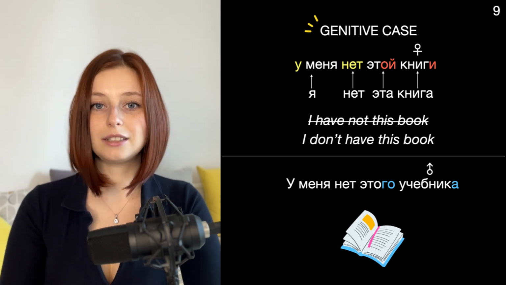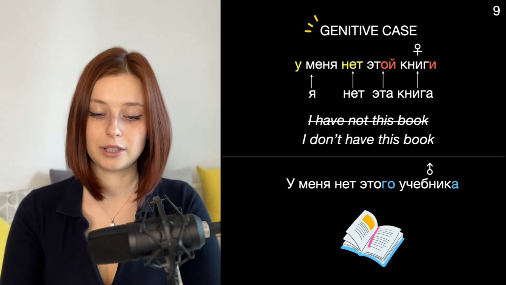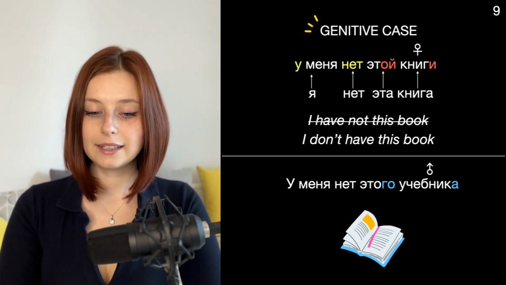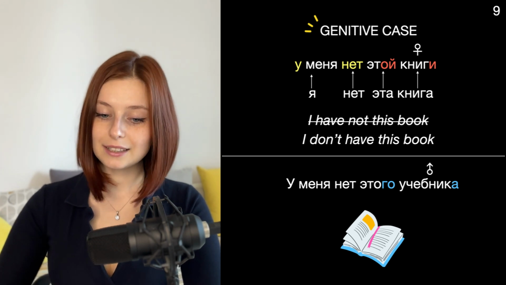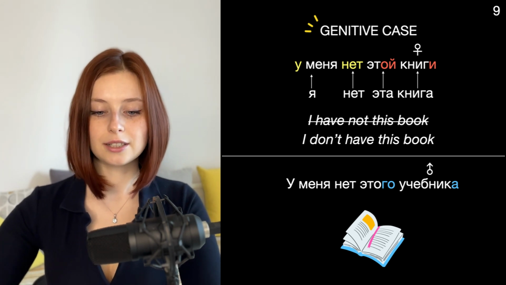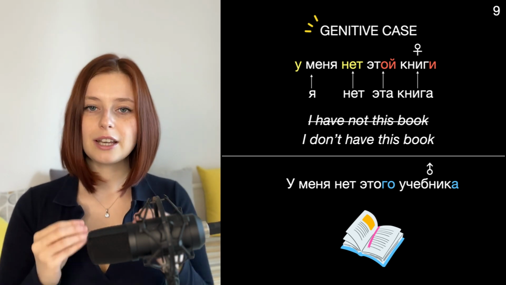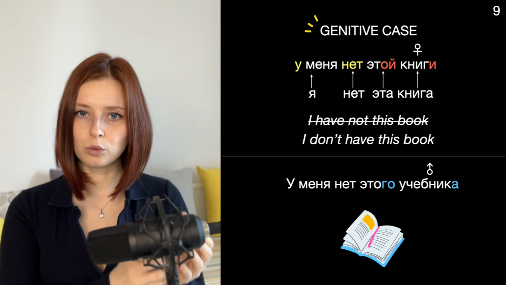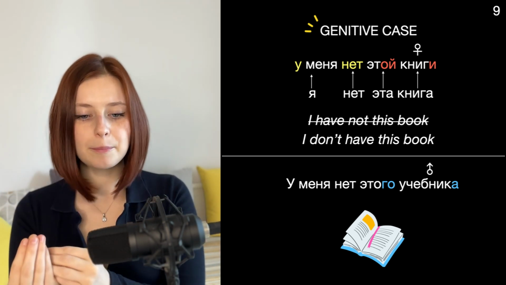So basically this shows us absence of something, right? And этой книги, this book, but этой is also in genitive case. Why is everything in genitive case here? Because everything started with у affected я, and it became меня.